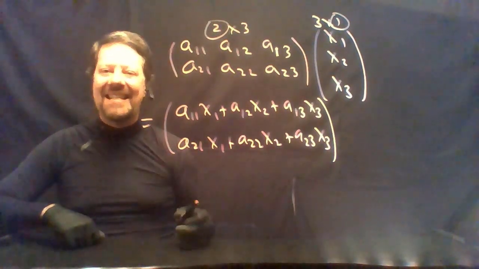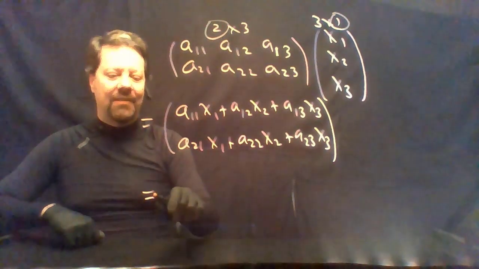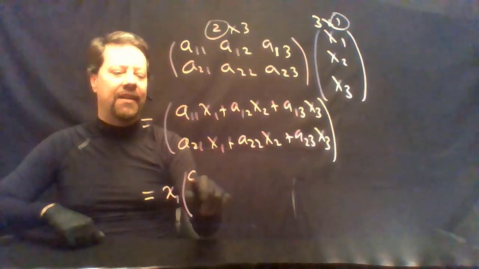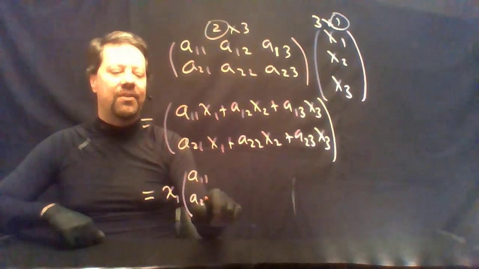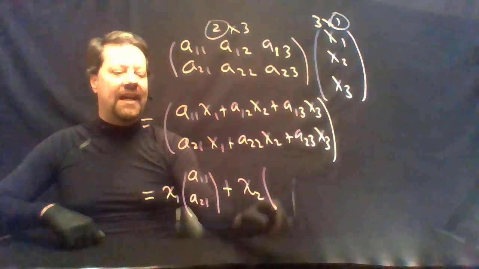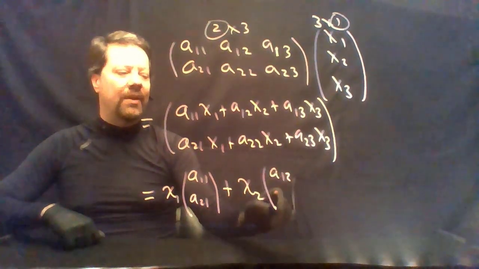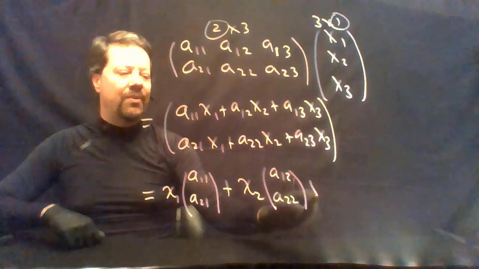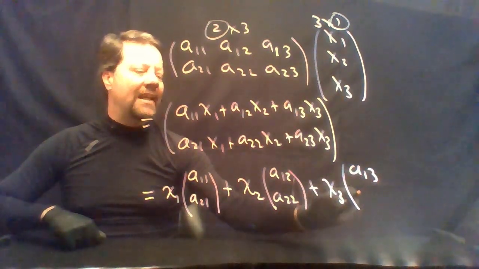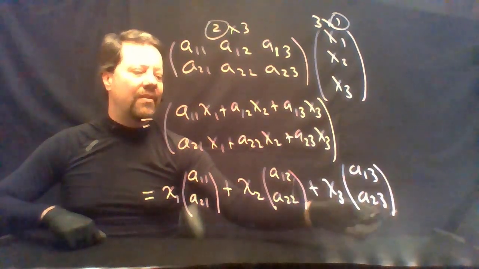But it's how I can decompose this that will be interesting. This is equal to x1 times the vector A11, A21 plus x2 times the vector A12, A22 plus x3 times the vector A13, A23.